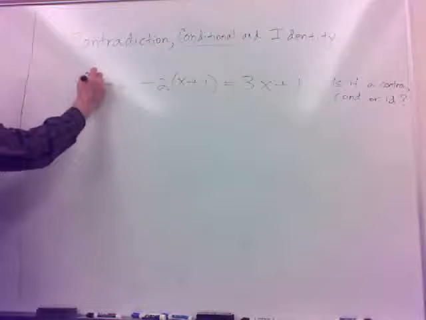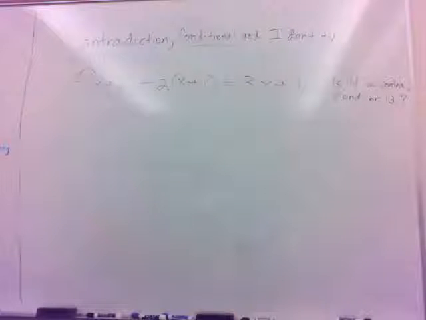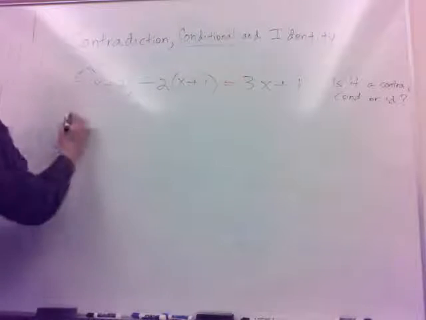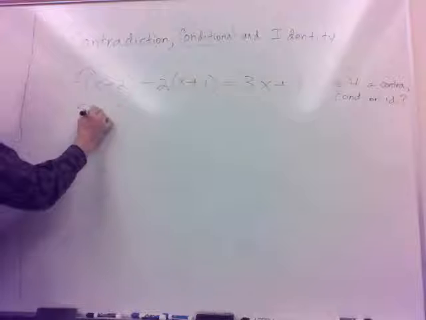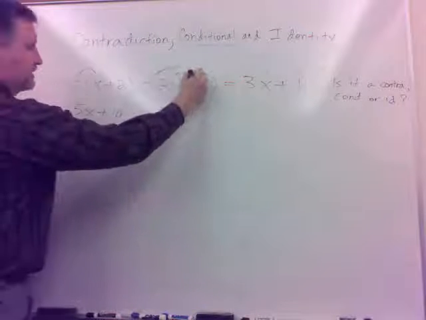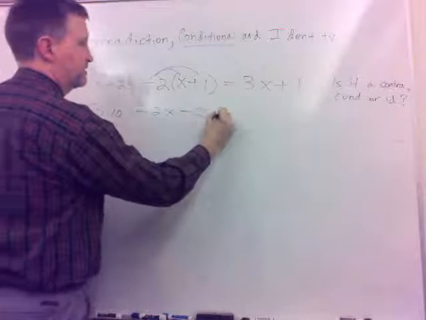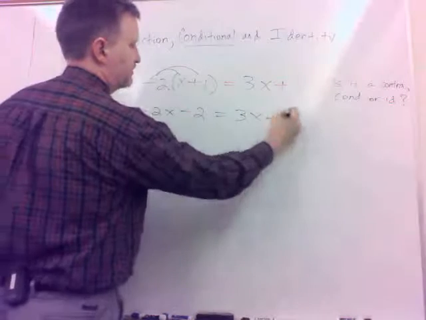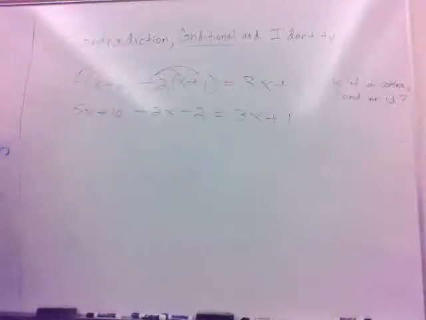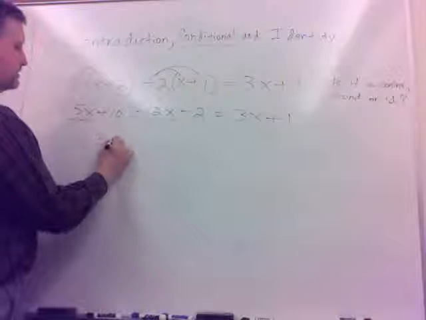That would be distributing the 5 inside the parentheses, so it'll be 5x plus 10. 5 times x, 5 times 2. Minus 2, distributing it, so it'll be minus 2 times x is minus 2x, minus 2 times 1 is minus 2. And that equals 3x plus 1. Got some like terms, don't I? 5x minus 2x is 3x.